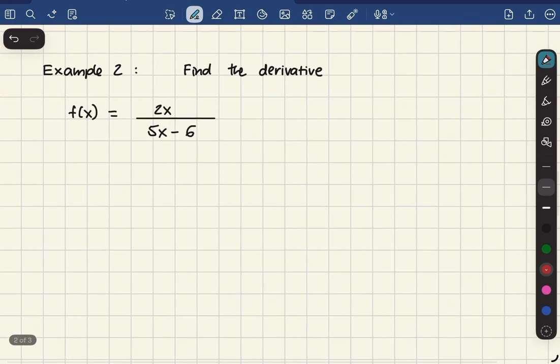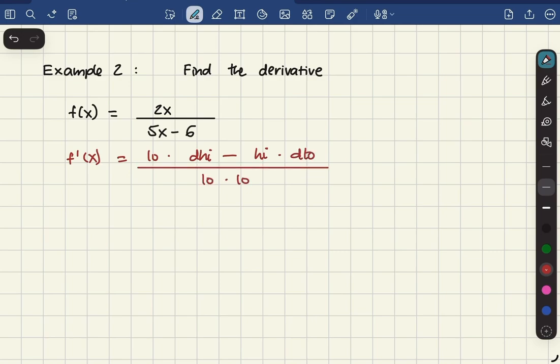Let's try one example of the quotient rule. Recall from earlier that the quotient rule is low d-high minus high d-low over low low. Okay, so let's apply this to find the derivative of the function f of x above here.